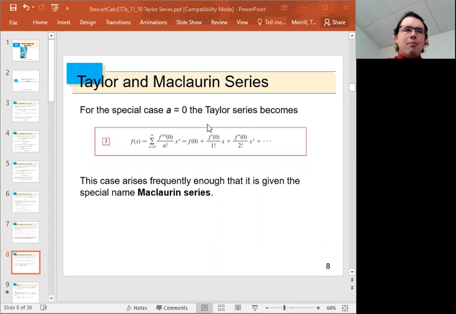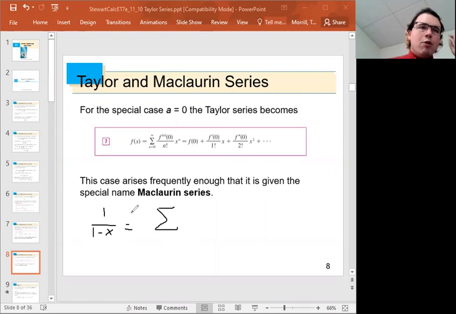We have seen some functions which are equal to a power series. So in my previous lectures, I've talked about the geometric series, which converges to this rational function.